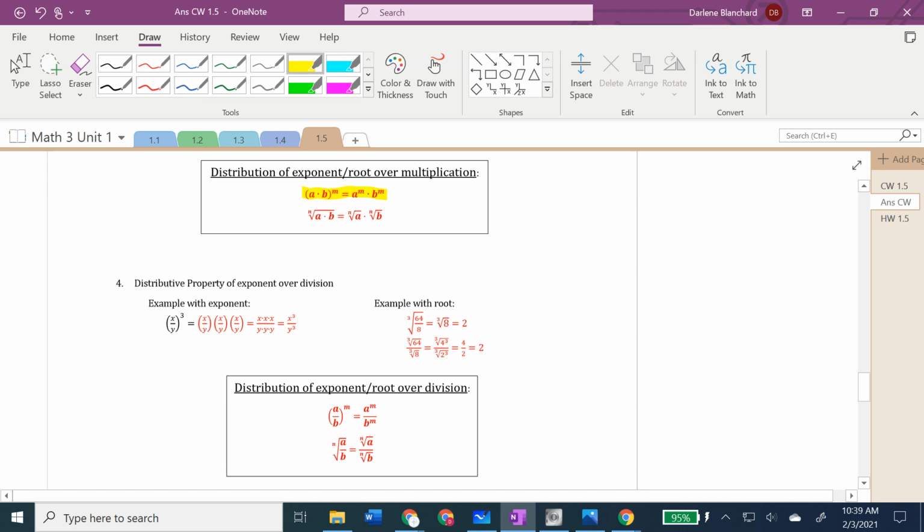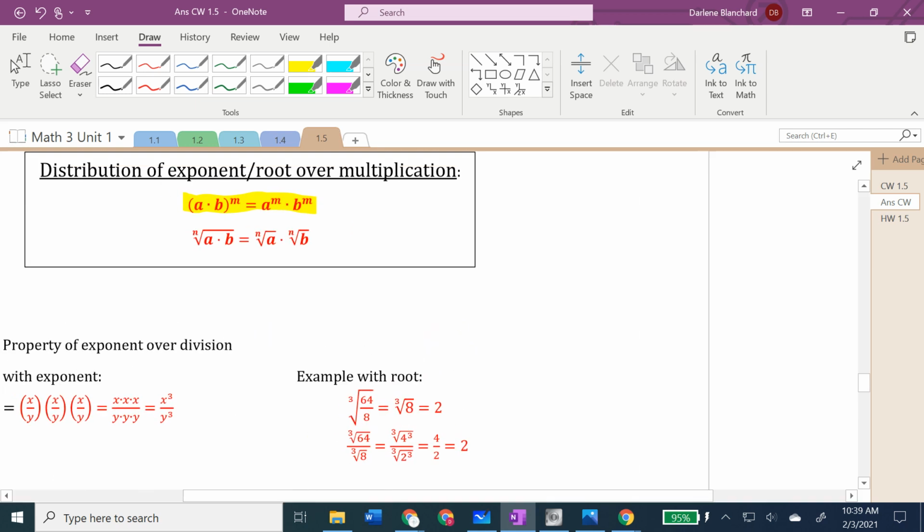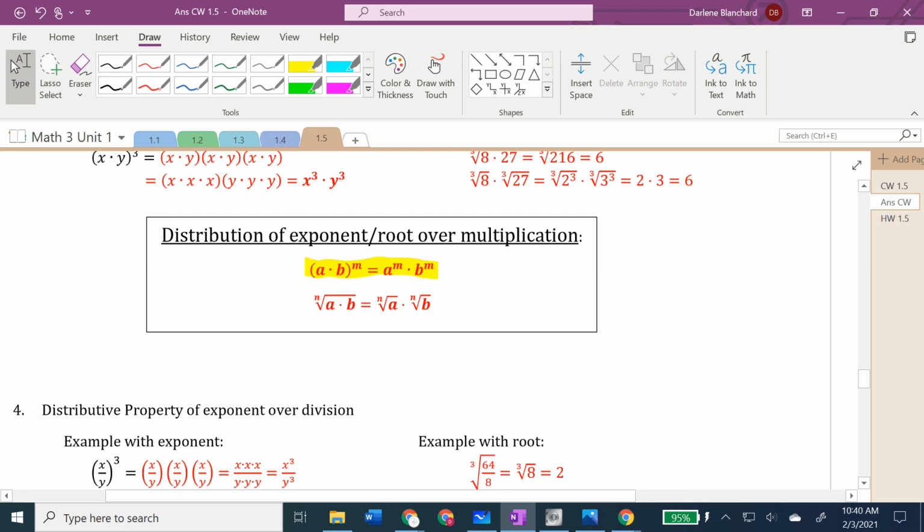I used different letters, but what you want to remember is exponents and roots are opposite operations. That puts them at the same PEMDAS level, and that means you can distribute an exponent over multiplication, and you can distribute a root over multiplication.